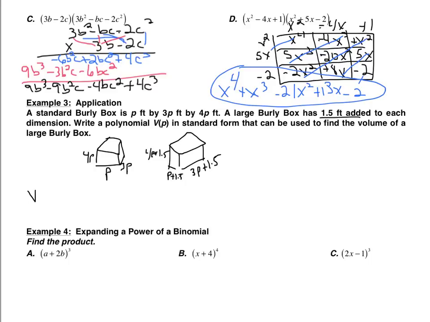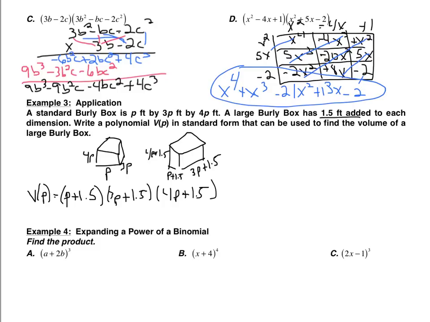So the volume would be p plus 1.5 times 3p plus 1.5 times 4p plus 1.5.